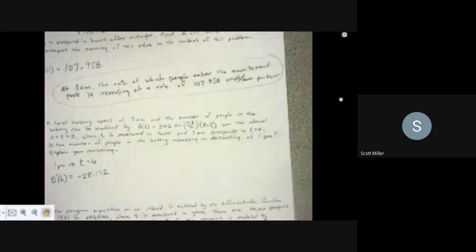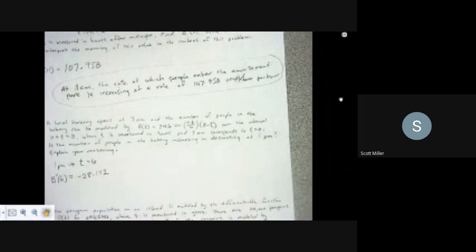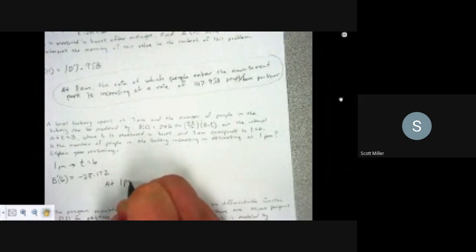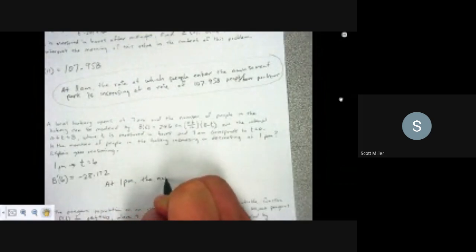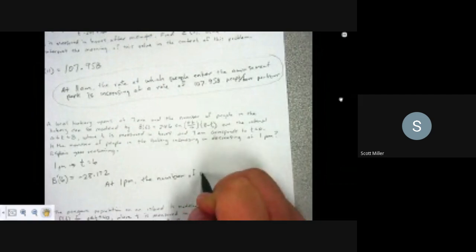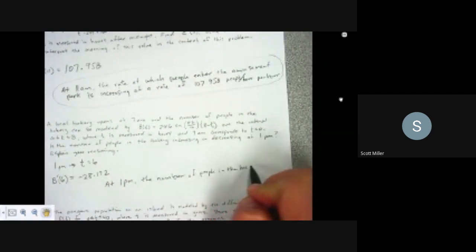Now, I need to interpret this in context. Even though they didn't specifically tell me that's what I need to do, it says explain your reasoning, so I need to put it in context. Okay? So just like before, using our sentence frame, at 1 p.m., the number of people in the bakery is doing what?